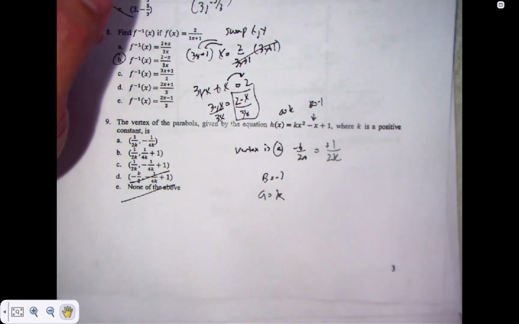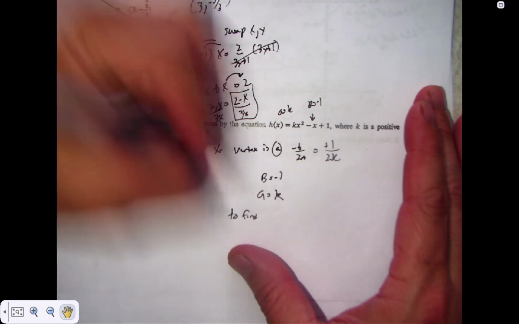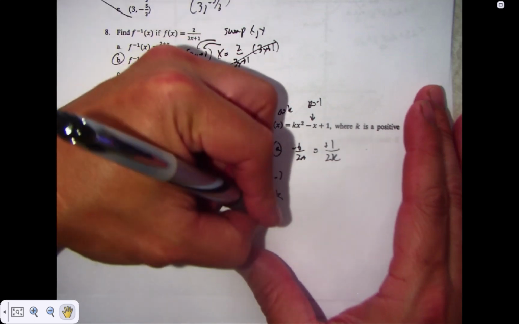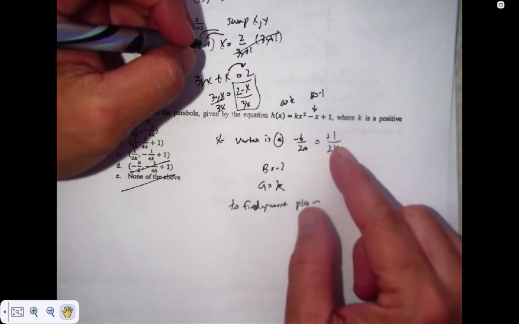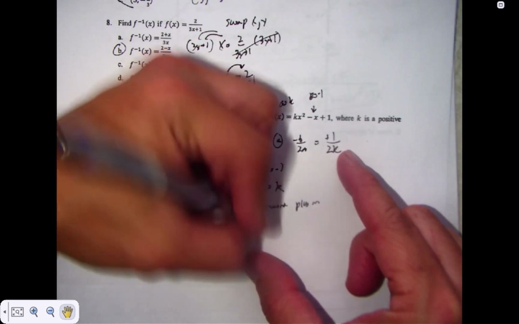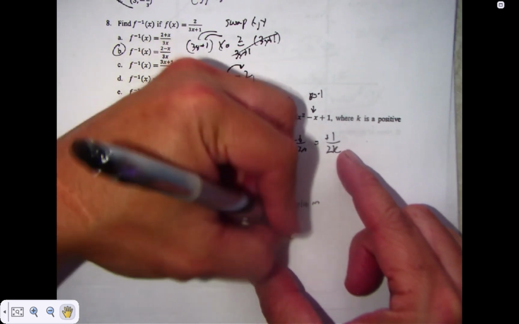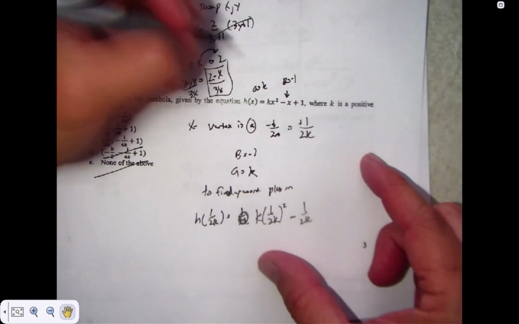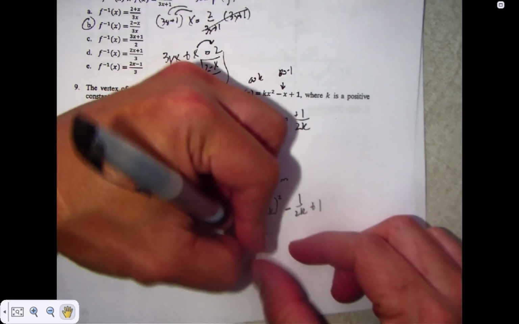Now to find the y-coordinate, I should say x-coordinate of the vertex, to find the y-coordinate, plug in. So h of 1 over 2k is k times 1 over 2k squared minus 1 over 2k plus 1. So if I square this, I get 1/4 k squared.